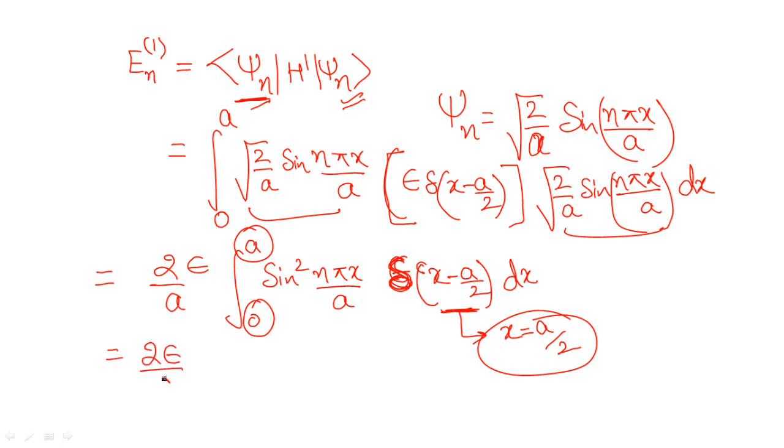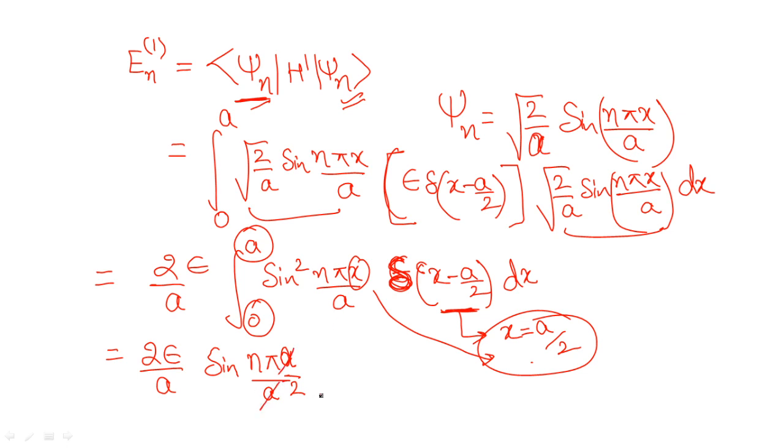So you will simply be able to write your answer as sine square n pi by 2. What n is depends on whether we are writing it for the ground state or the first excited state, but you just replace x with this value if it lies within the given limits.